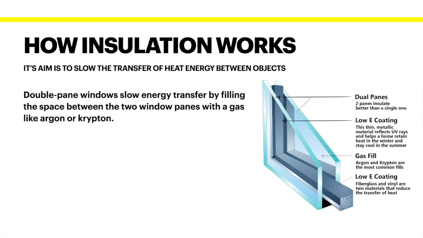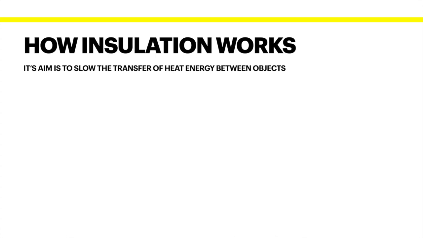And then they fill that space with a gas. And then again, there's more coating, and they use low density materials to slow down the transfer of heat. There are such things as triple paned windows where there's actually three panes of window glass, and that makes it so that it's insulated even more.